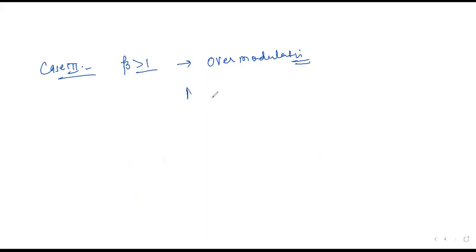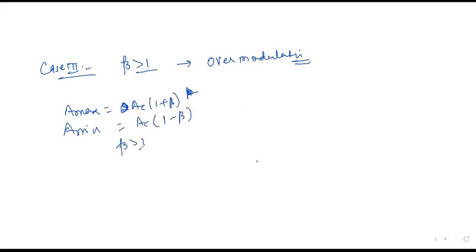A maximum equals AC into 1 plus beta, and A minimum is AC into 1 minus beta. So for beta greater than 1, this is positive, but this becomes negative. So what will actually happen here in this case?